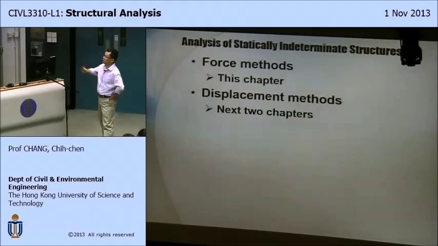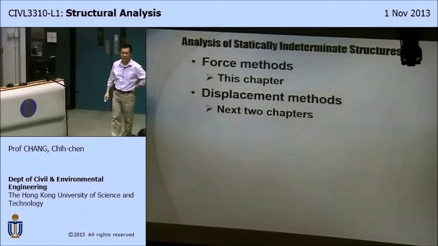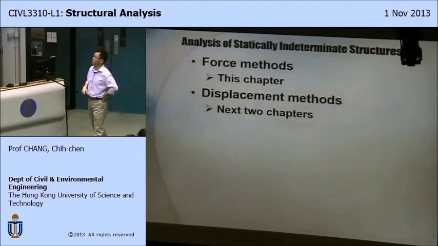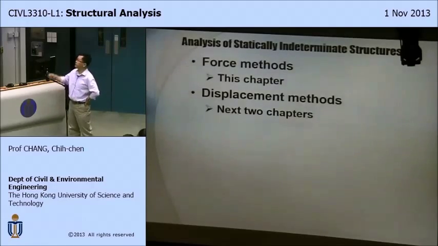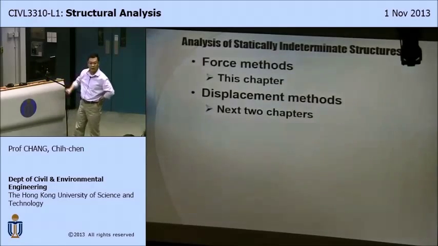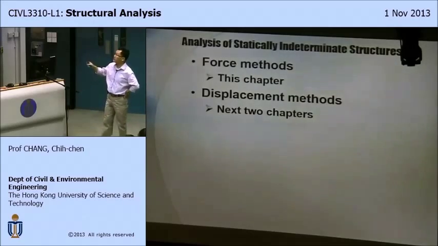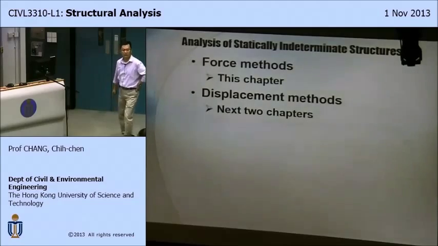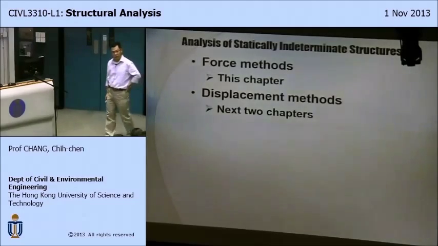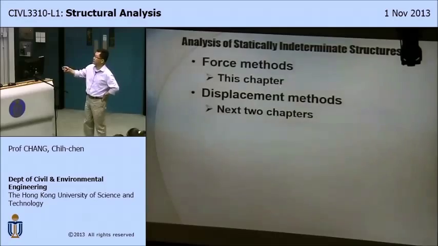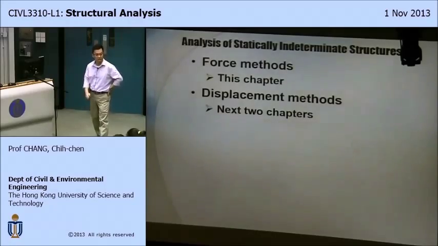So force method will be covered in this chapter, chapter 10. Displacement methods will be covered in the next 2 chapters. So that pretty much wraps up the remaining part of this course. So we'll be focusing on how to analyze indeterminate structures. Again, 2 methods. One is a force method, the other is displacement methods.